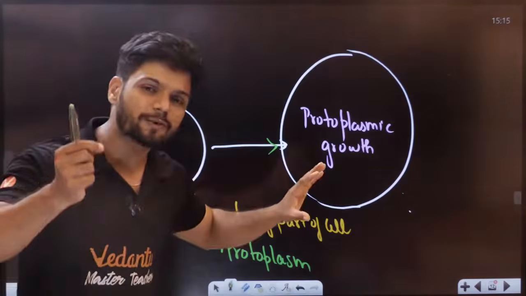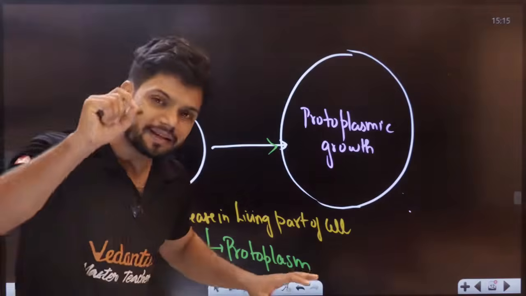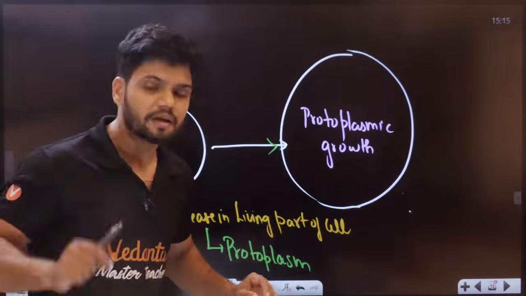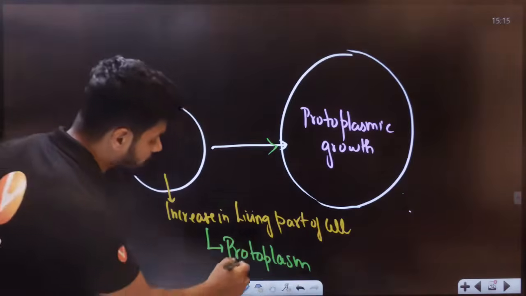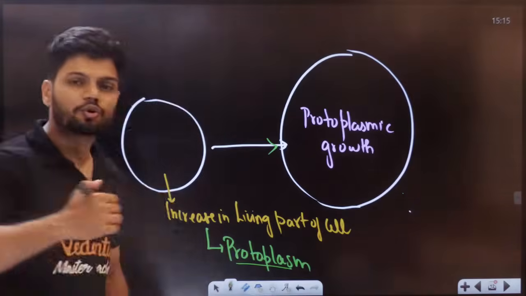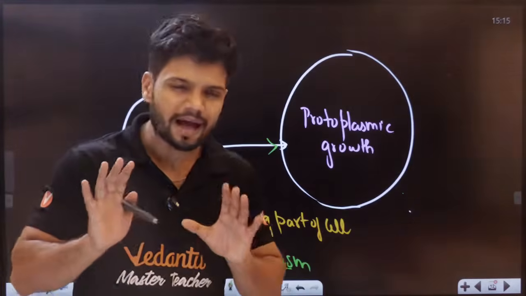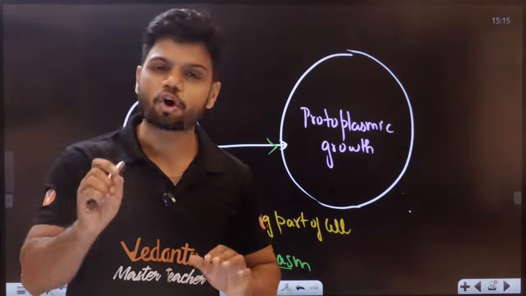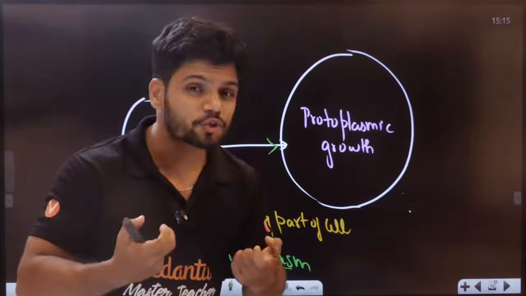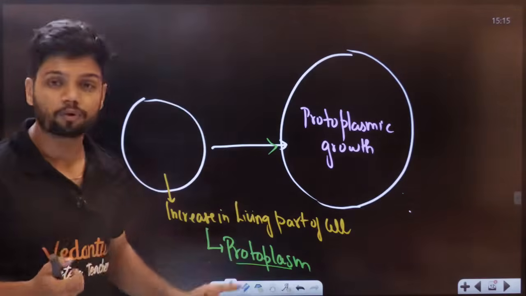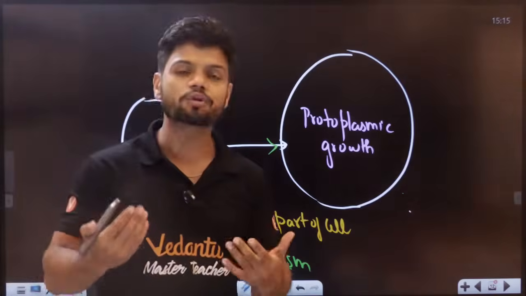Now, what is actually increasing here? The increase in the living part of a cell. And the living part of a cell is called protoplasm. So, when I talk about growth, am I actually talking about protoplasmic growth? है ना? हम protoplasmic growth के बारे में बात कर रहे हैं.